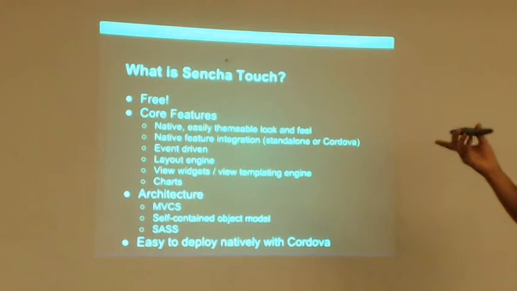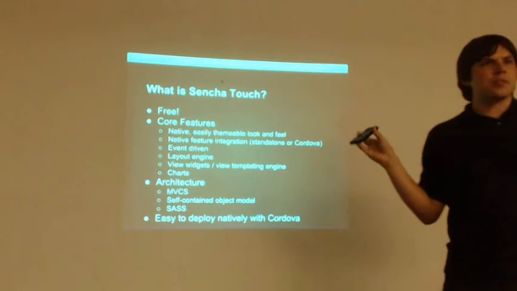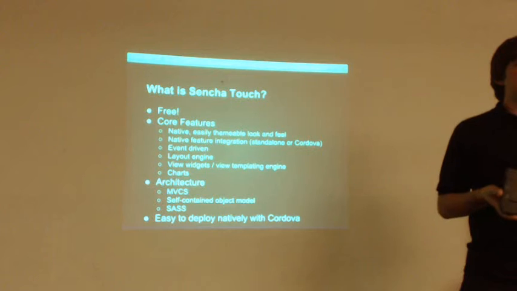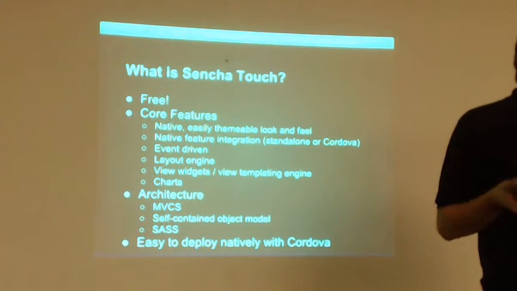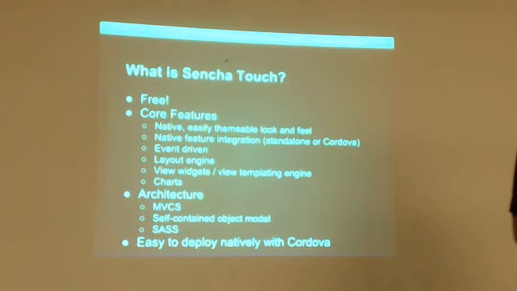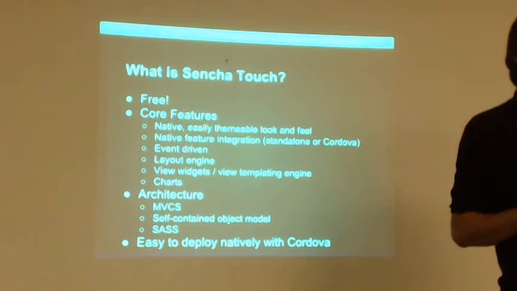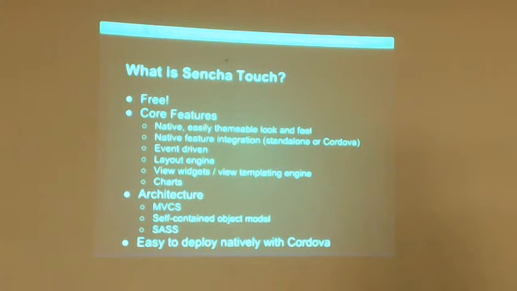So, as far as architecture, it is really what I like to call MVCS, Model View Controller Store. So, in your typical MVC model, your model handles all the data storage as well. So it'll point to some backend or other, which in Sencha doesn't really work the best, because in a mobile app you don't have a constant connection to your backend necessarily.